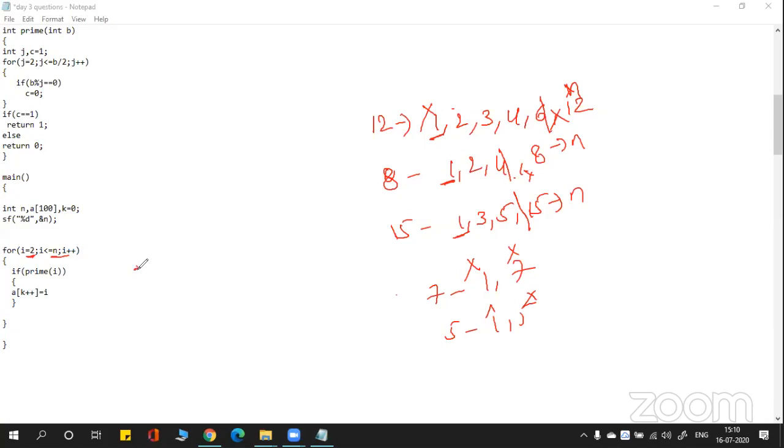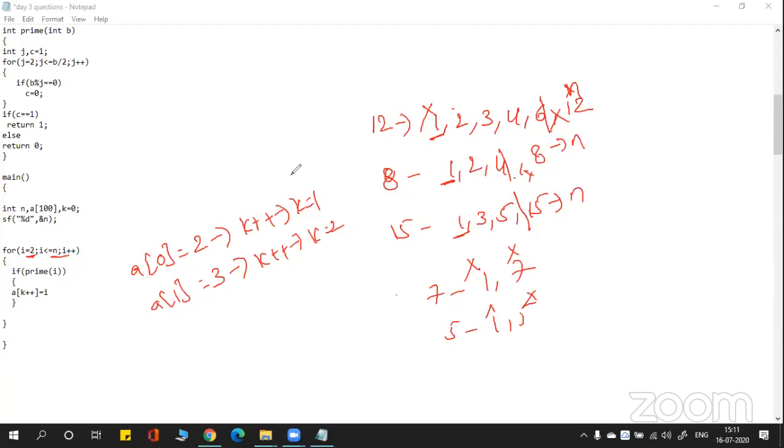First time k will be 0, so 2 will be stored. After this k plus plus, now k becomes 1. Next time in a of 1, next prime number will be stored, that is 3. After then k plus plus, and then k becomes 2. Post increment, so first use that value and then increment that value.